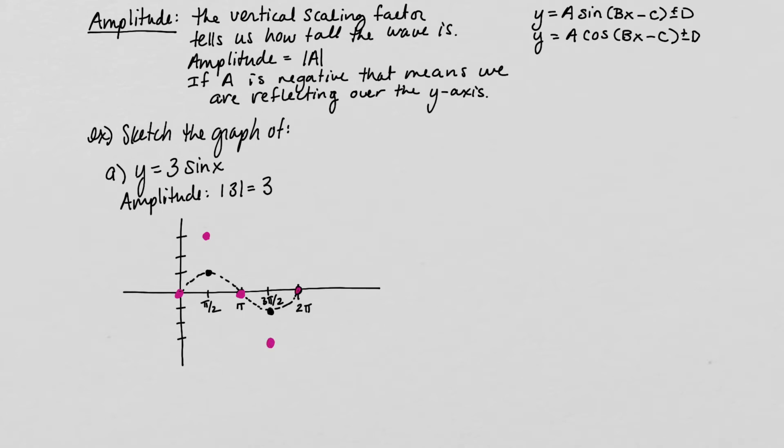And then this one is going to stay there. So my new graph, this pink curve here, represents y equals 3 sine x. You notice I have these 5 points, so you're going to have to be able to label 5 points on your graph.